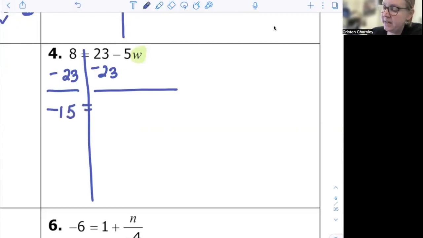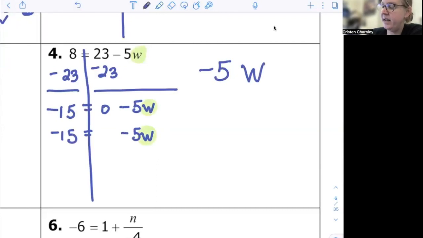23 minus 23 is 0. That's why we don't bother writing anything there. You could really put a 0 if you wanted to hold its spot. Minus 5w. I'm going to rewrite it without the 0. Now, my variable is still over here on the right. Remember that a number next to a letter, that's really an invisible multiplication.